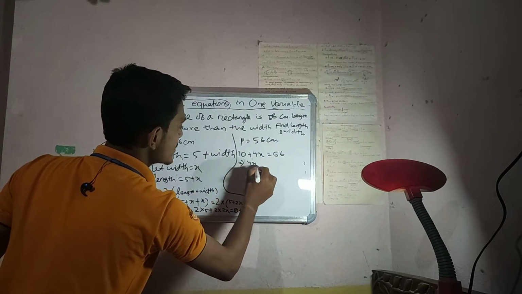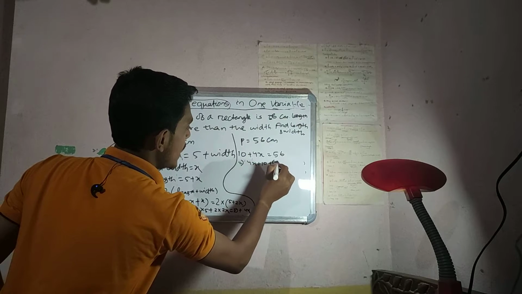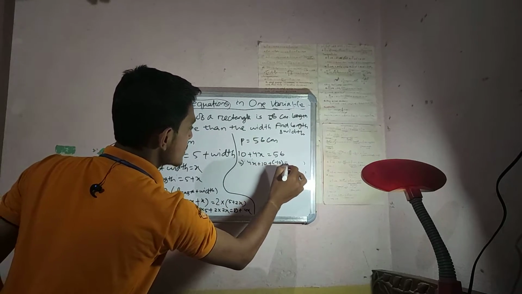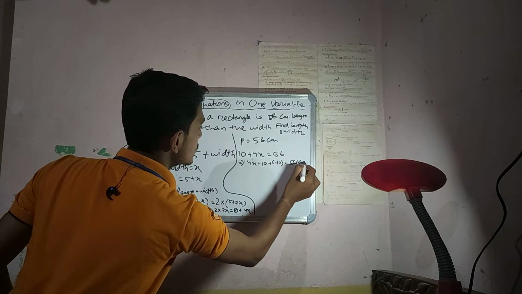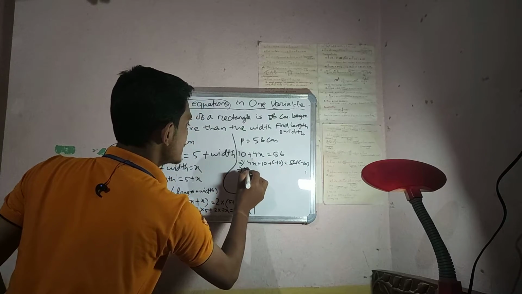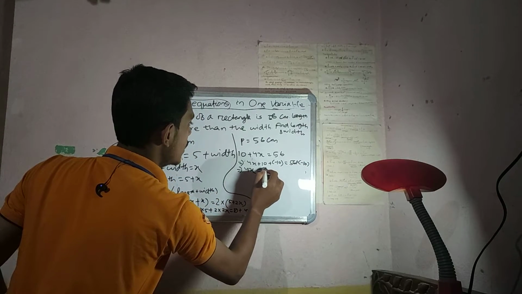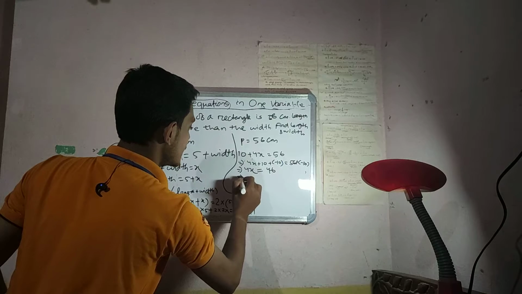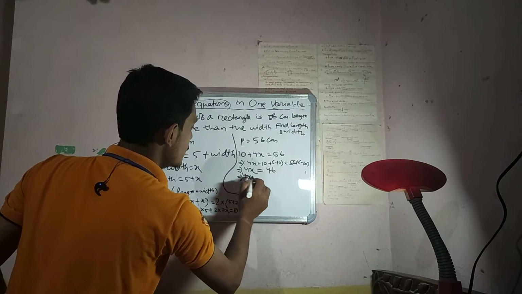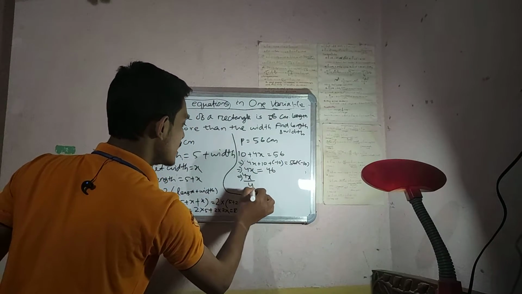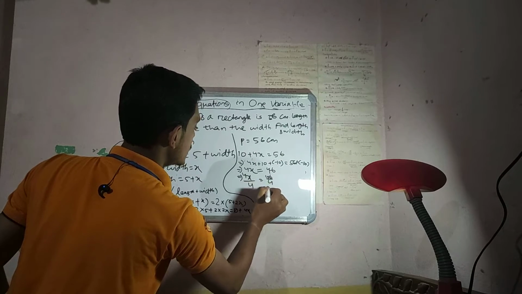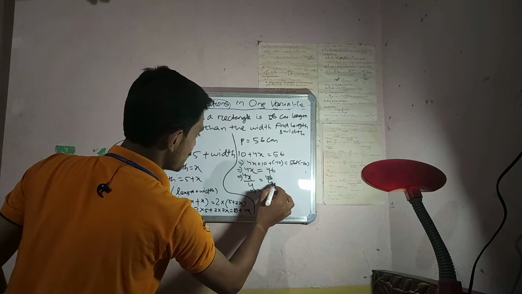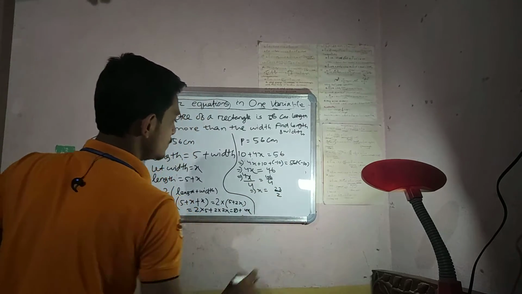That is 4x plus 10. I can add minus 10 on both sides. That is 4x is equal to 46. To remove 4, I divide both sides by 4. That is x equal to 23 by 2.